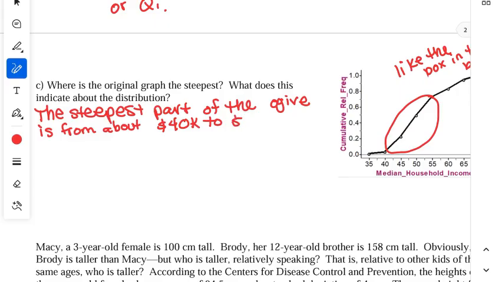is from about 40,000 to 55,000. I'm going to put a K there. Representing, then we also need to talk about what percentile that is.